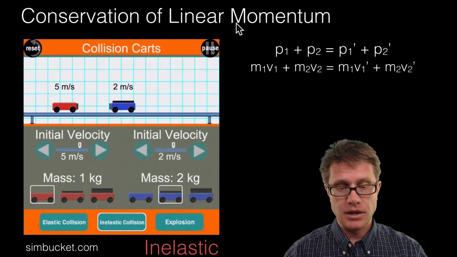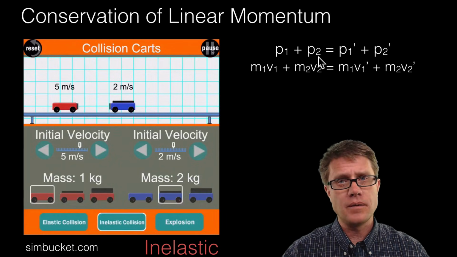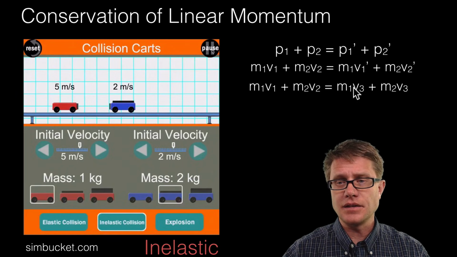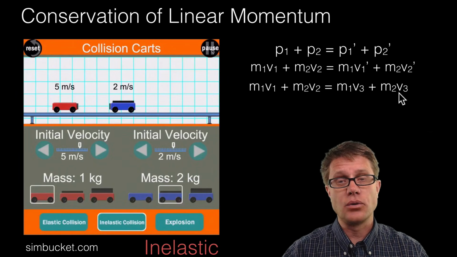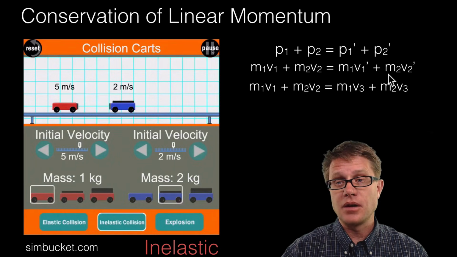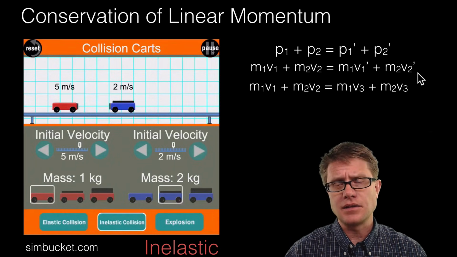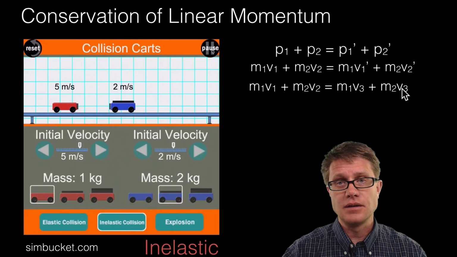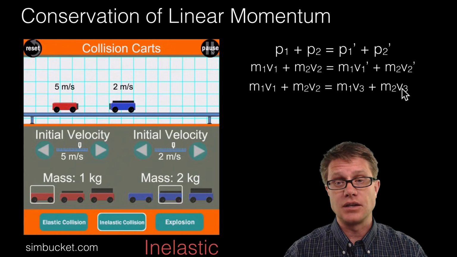And so if we write it out like this, it would be momentum before and then momentum after. You can see that in this case, those two carts are going to become connected. And so the velocity of both of them after is going to be exactly the same. I've written that as v3. This is our new shared velocity of the two.